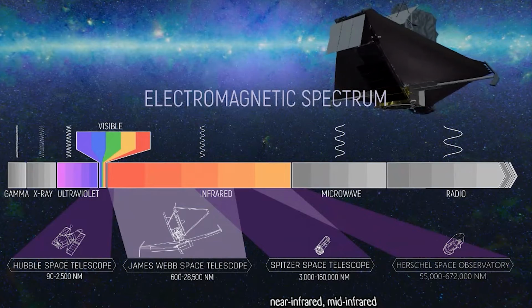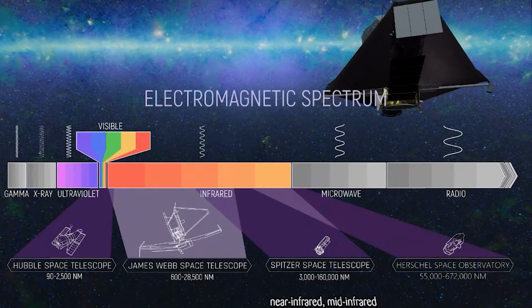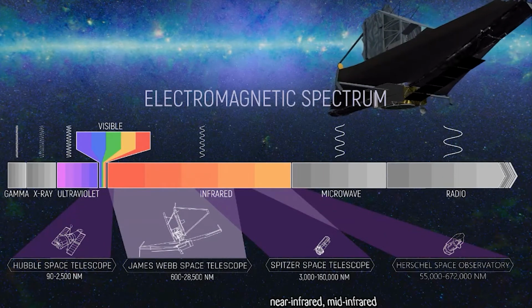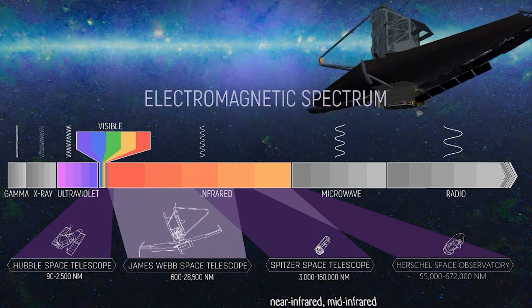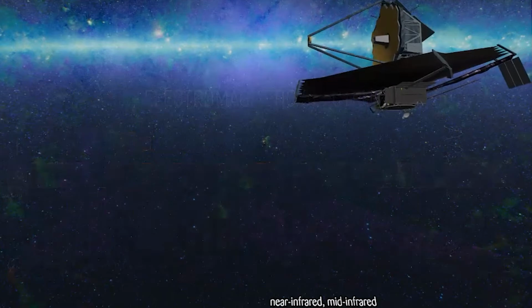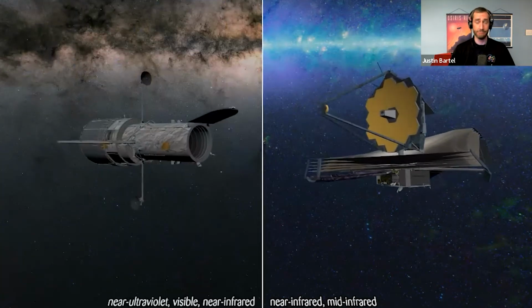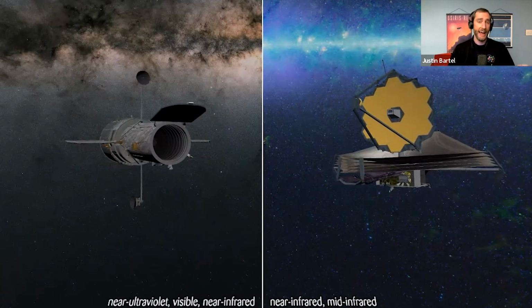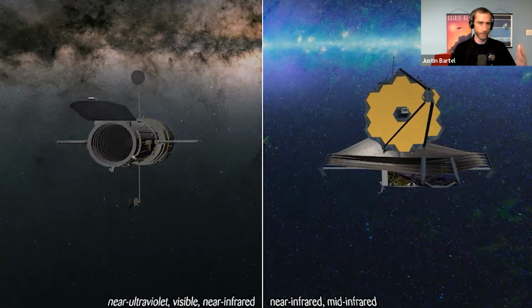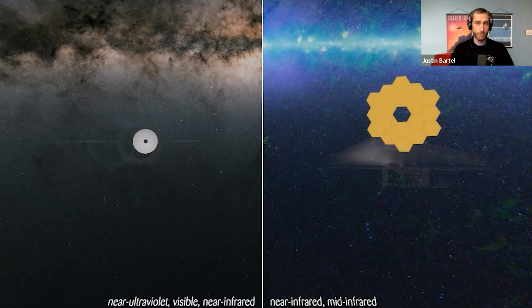This image was originally from NASA, and they kind of stretched out the scale. So the gap between what Hubble could see and what Spitzer could see is pretty small, but Webb will cover that gap. And the real benefit here is that JWST is big, as I started out by showing you. One of the most important features of any telescope, like Hubble or Webb or Spitzer or Herschel, is the size of its primary mirror. This determines how much light it's going to be able to gather and direct to its instruments.